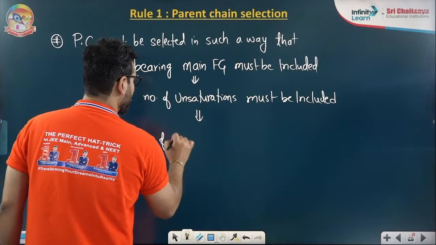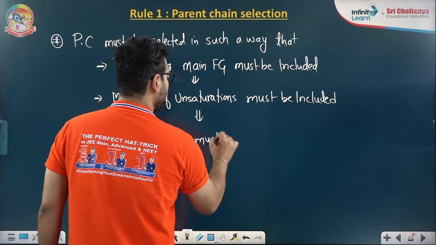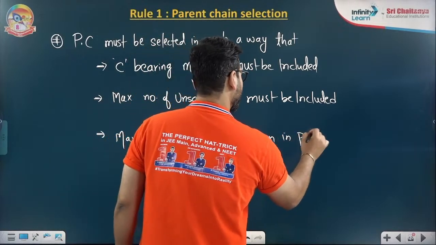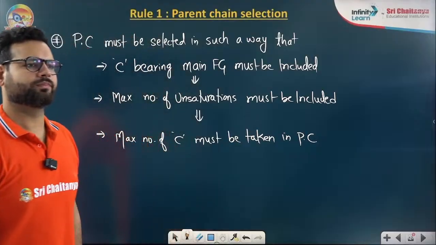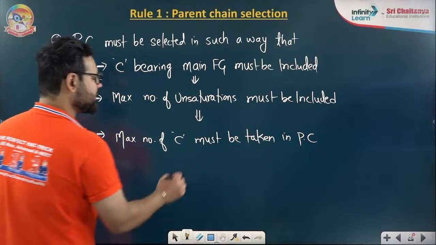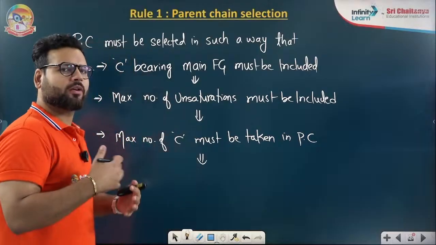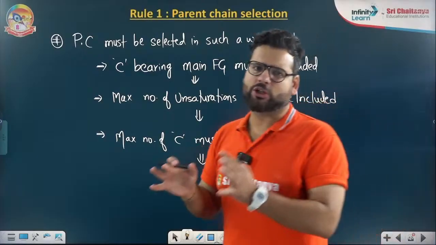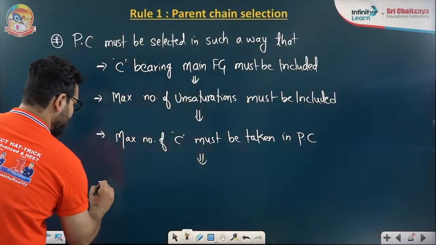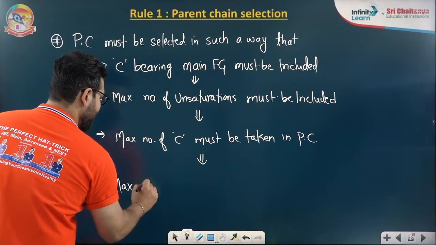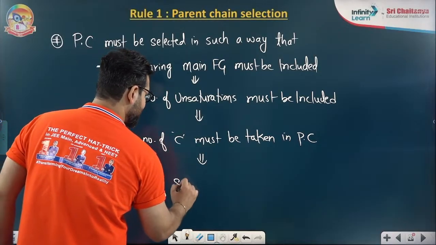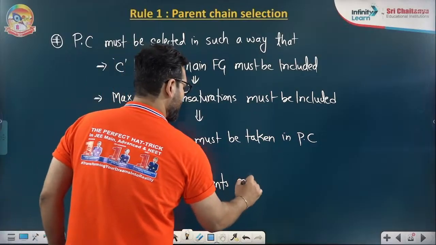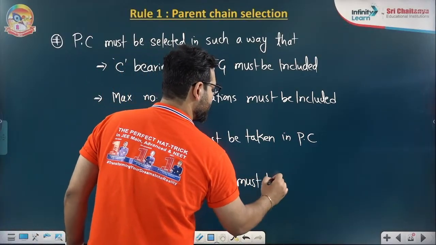Maximum number of carbons must be taken in parent chain. After you have maximized the number of carbons, still if you are not able to choose the parent chain, then try to maximize the substituents. Then last step, maximum number of substituents must be present.